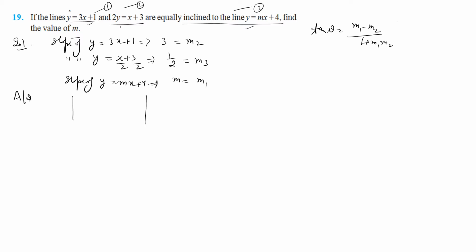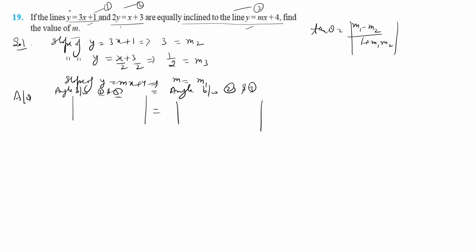So suppose we are finding the angle between 1 and 3. That means the angle between 1 and 3 is equal to the angle between 2 and 3. Okay, that means these lines are equally inclined. So we will apply the formula and use the slopes, in place of m1 we can take the slope of either, you take the common one, 3, as we have taken it as m1.